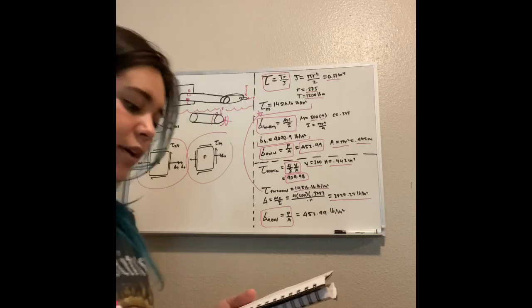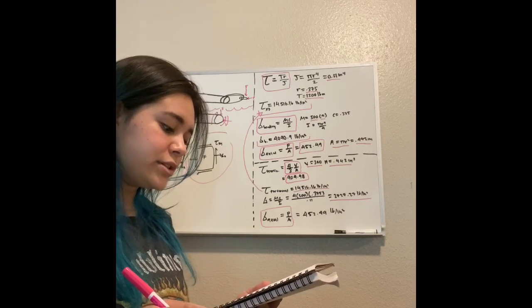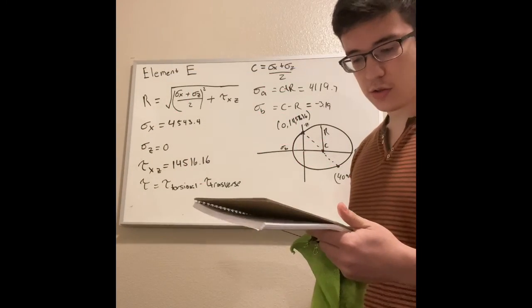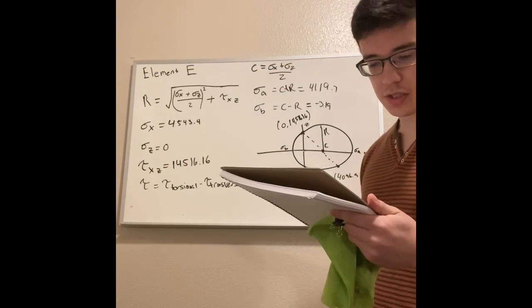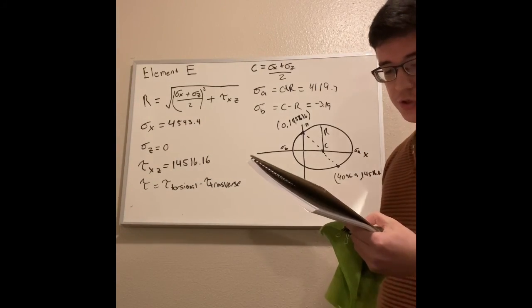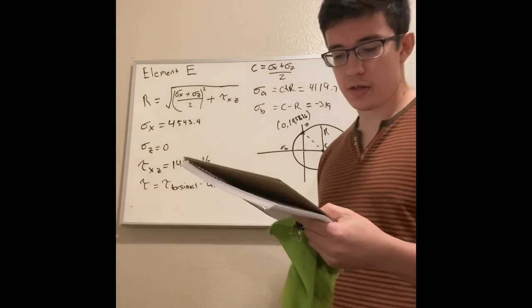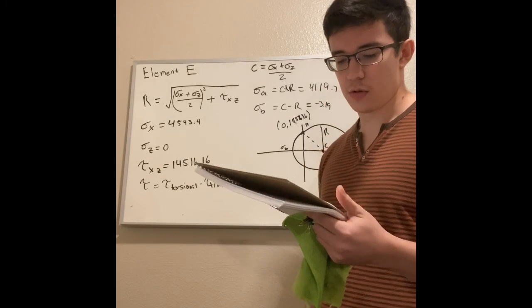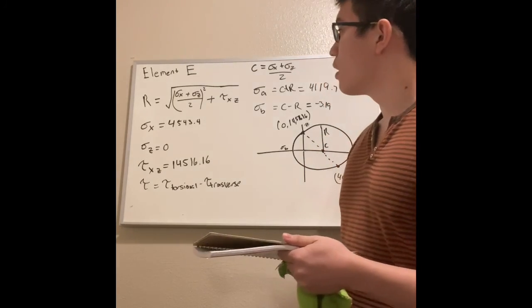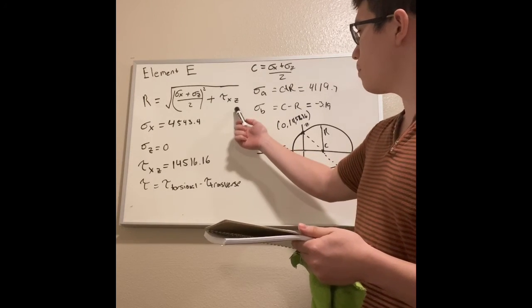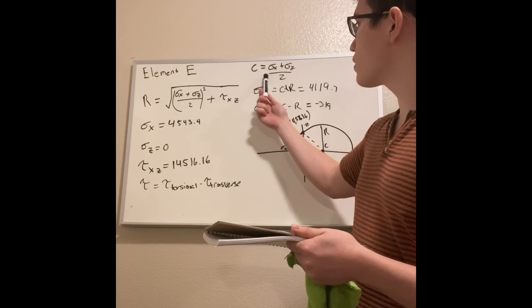And now we're going to be going over the Mohr circle for element E. So after calculating all those stresses, it's easy to now use those stresses to find our principal stresses using Mohr's circle. To draw Mohr's circle, we first need the radius and the center of the circle.